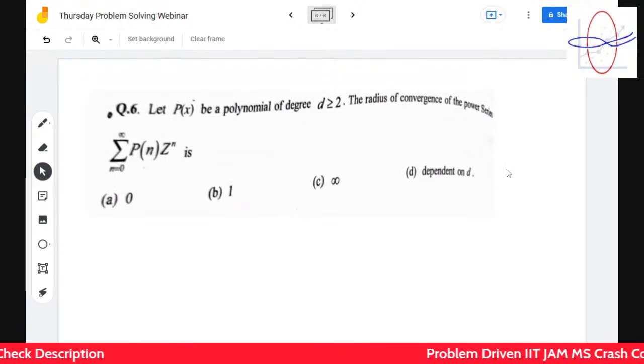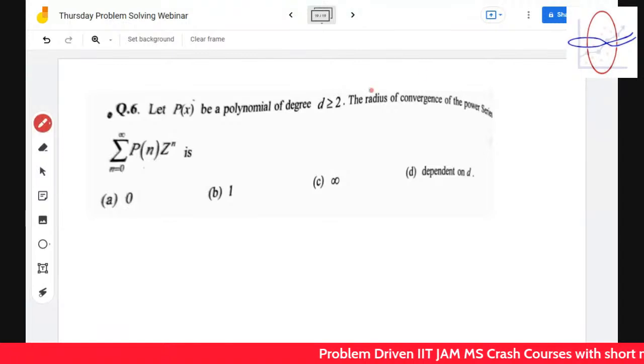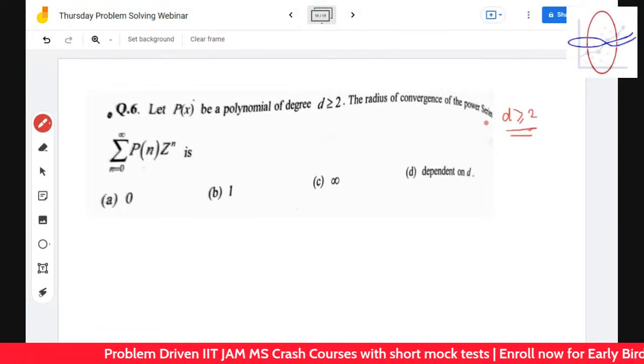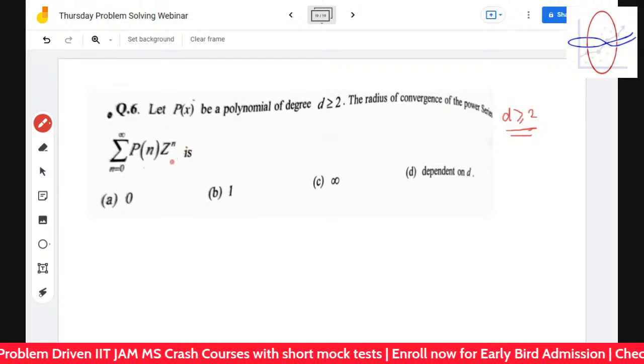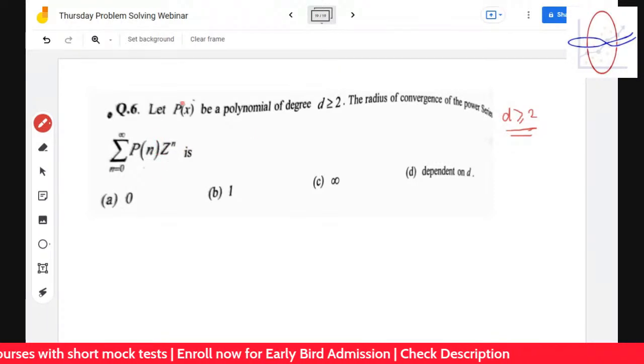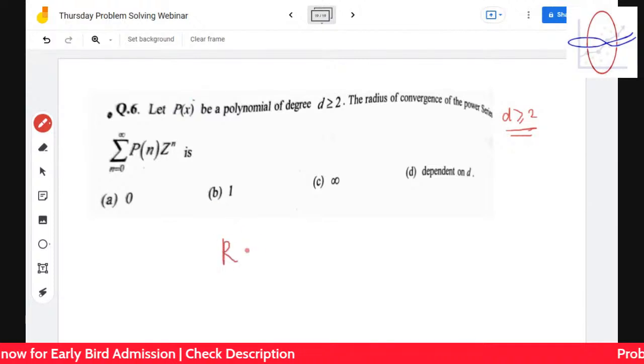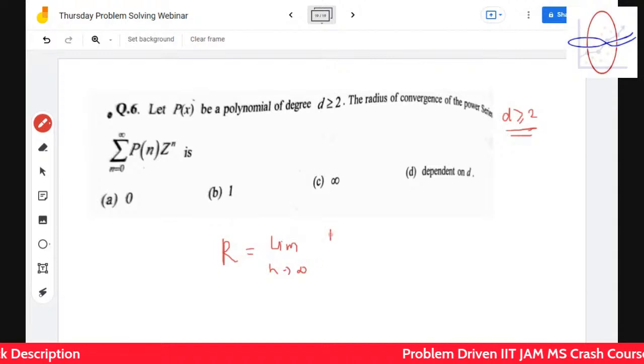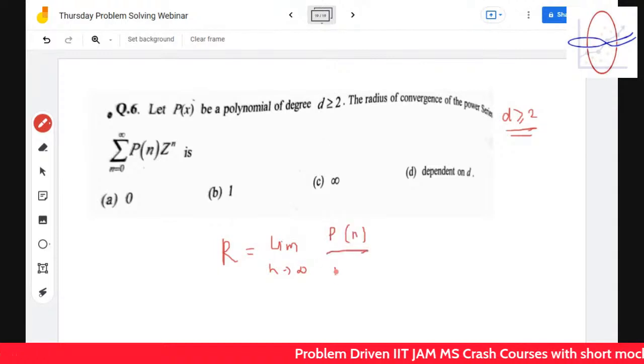If p(x) is a polynomial of degree d greater than or equal to 2, the radius of convergence of the power series of p(n) x^n is what? p(x) is fixed. So therefore r is what? This is the a_n, right? The limit as n tends to infinity of p(n) by p(n plus 1).